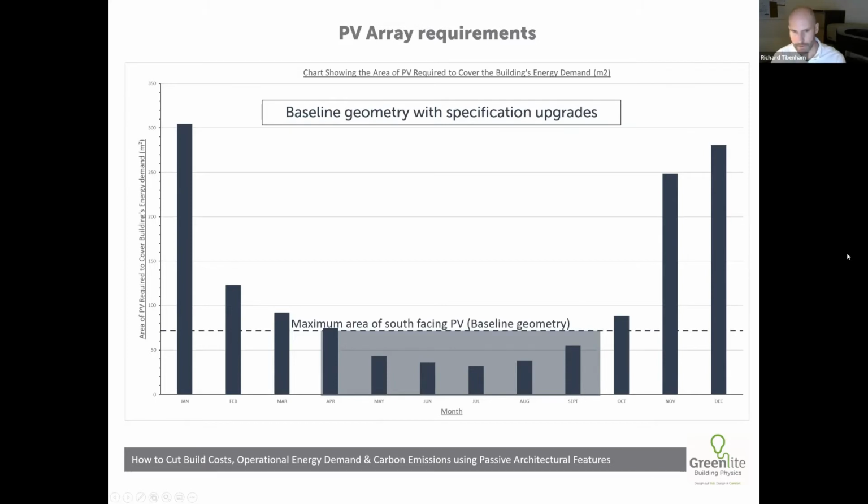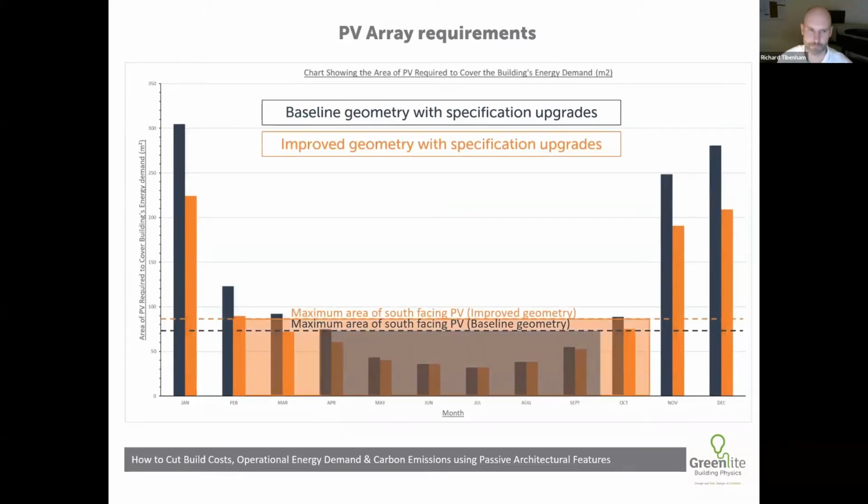If we now compare that to the improved geometry, not only does the building require a lot less energy, there's also more south-facing roof area available. In this case, we'd only need, I'll say only, but you'd need 225 metres square of PV to run the building autonomously in January. The maximum you can fit on that roof is about 88 metres square.